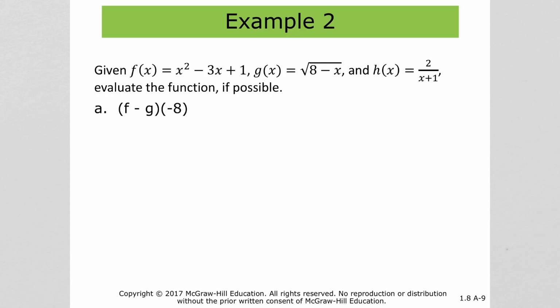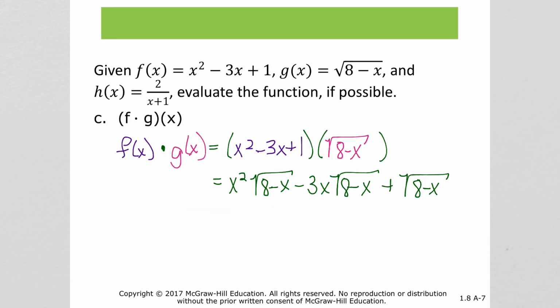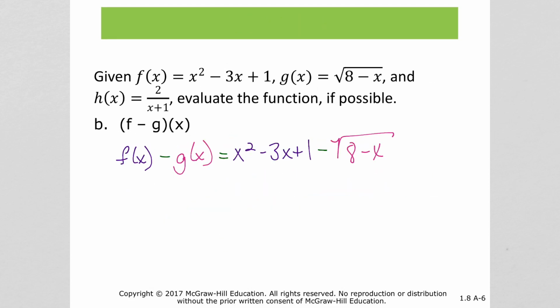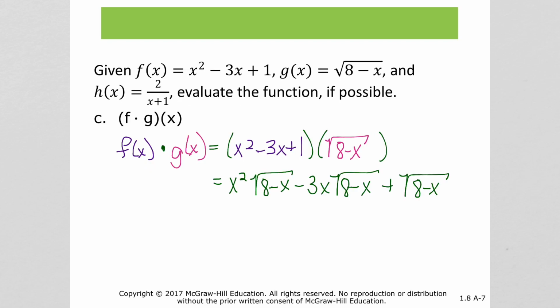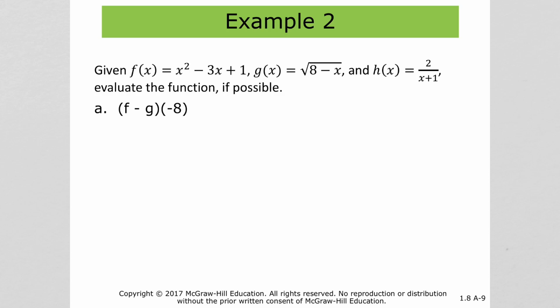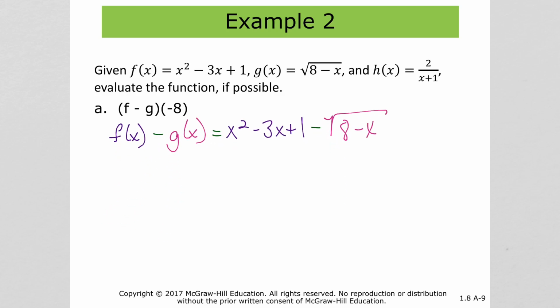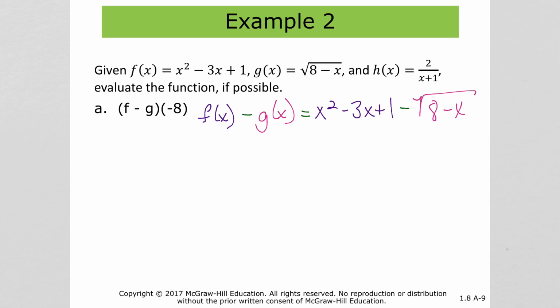Moving on, this one says we have f minus g of negative 8. Well, there's two ways you could do this. You can find f minus g of x and plug in negative 8, which we've already done. So let's just look at this and see what we got here. That's our first option.